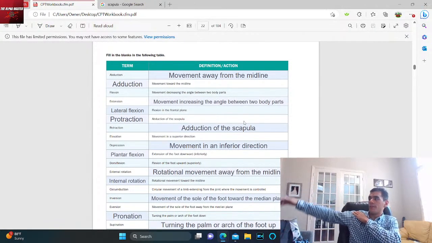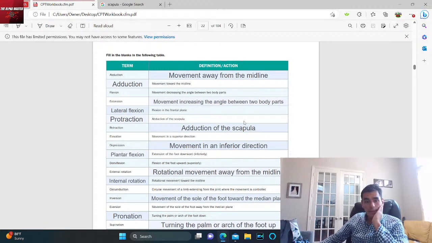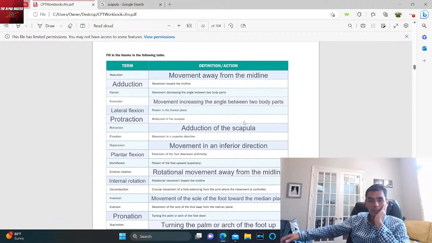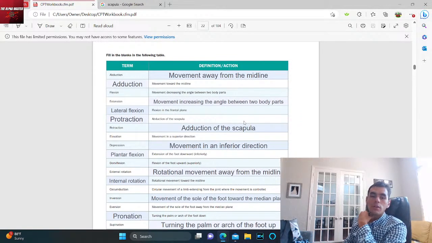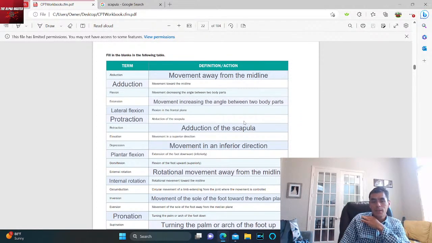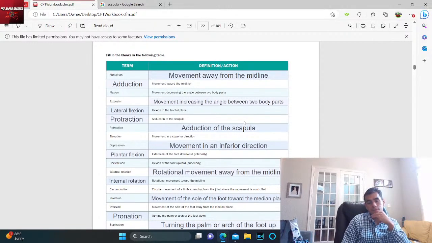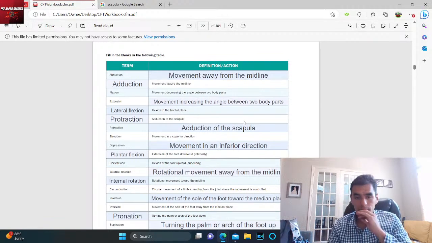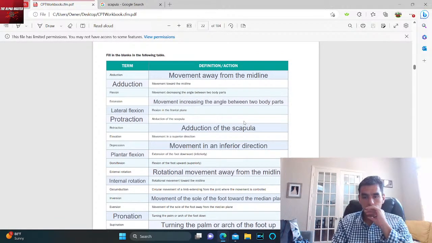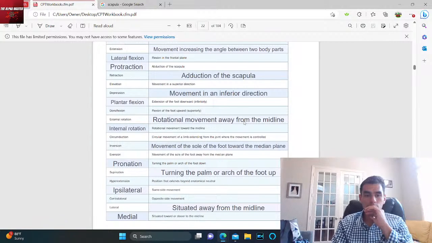And I'm working my ball and socket joint here too. That's circumduction.